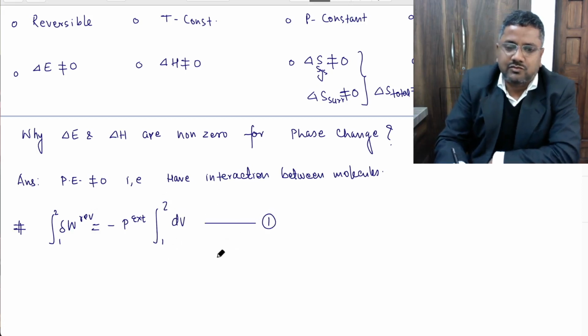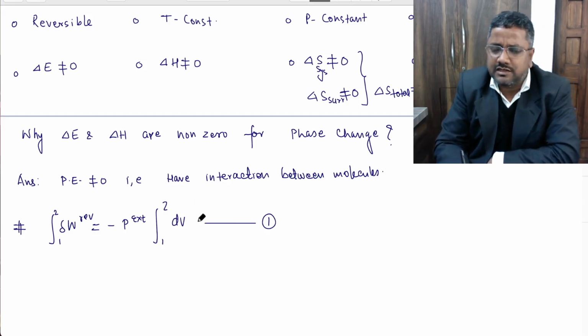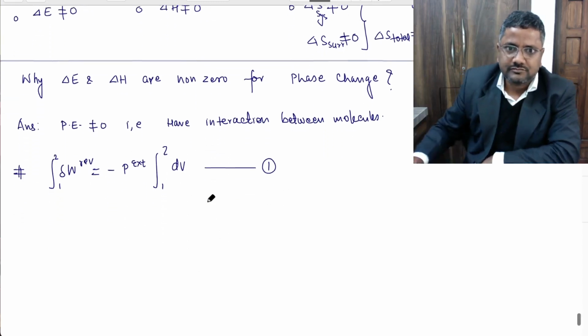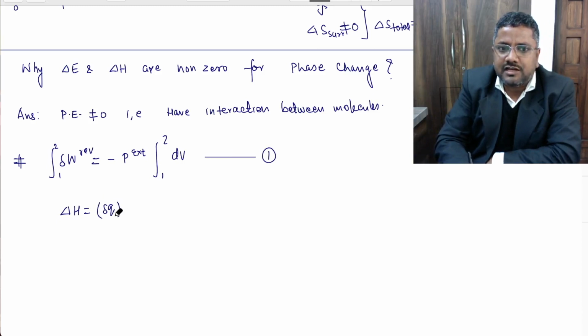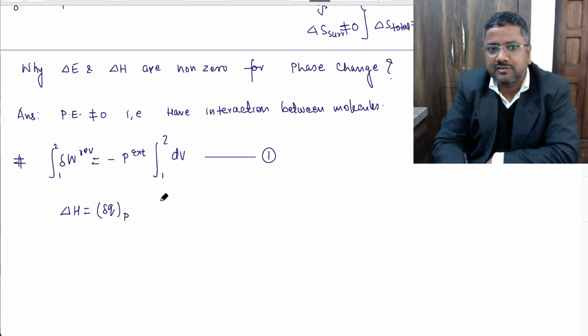You just evaluate delta V, the change in volume, by any method. If you can evaluate the change in volume, you can very easily calculate this work, right? And since pressure is constant, delta H is equal to delta Q, the heat change at constant pressure.